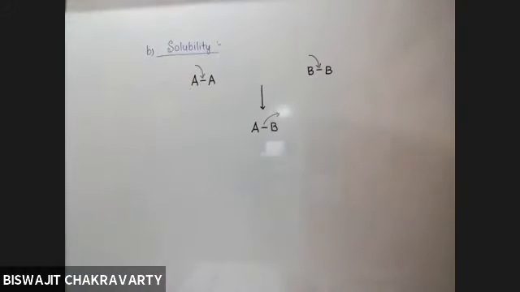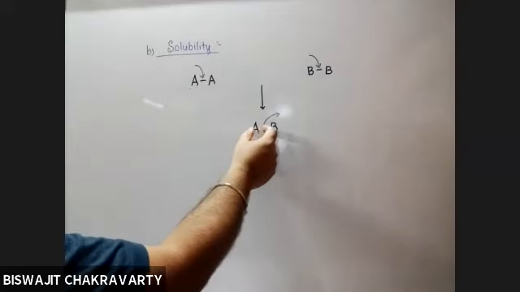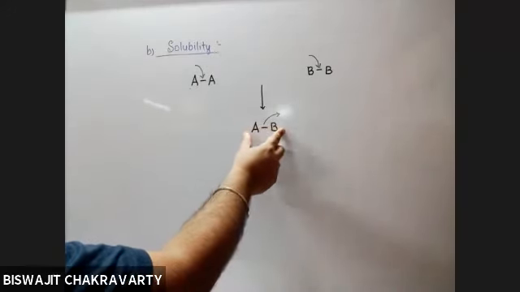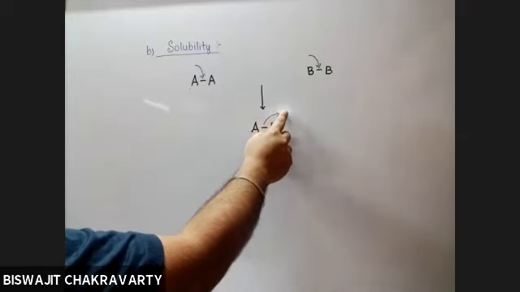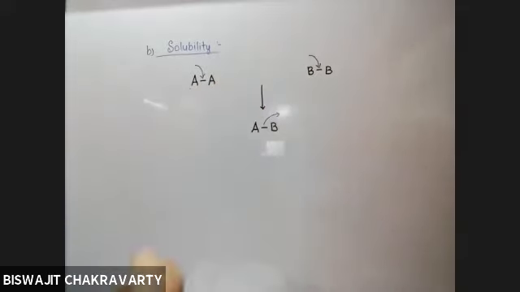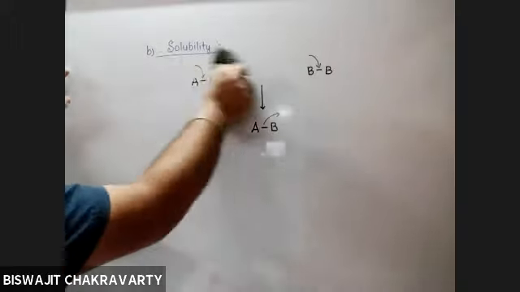But in case of alcohols, when water and alcohol are mixed up, the interaction is quite high, and therefore the amount of energy released is sufficient enough to break the older interactions. Clear? Okay. So this is what we are going to write.